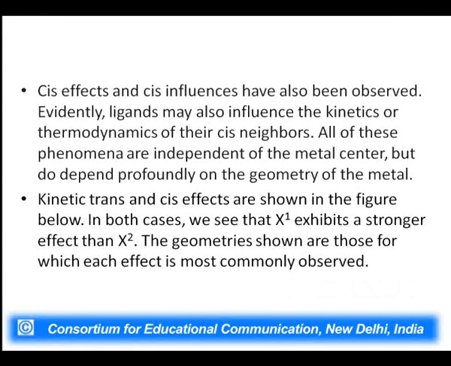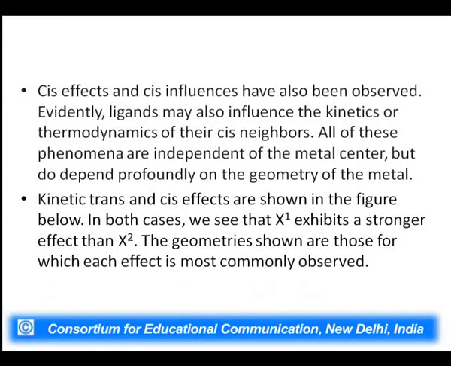Cis effects and cis influences have also been observed along with the trans effect and trans influence, but they are not of that much significance. The effect is that certain ligands affect the substitution of the ligands present cis to them, that is, their cis neighbors. These phenomena are independent of metal centers, but they depend upon the geometry of the metal ions.